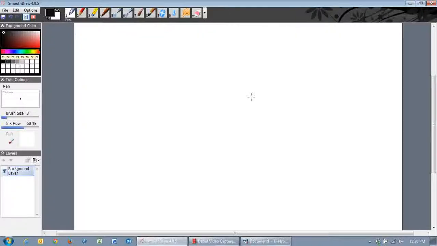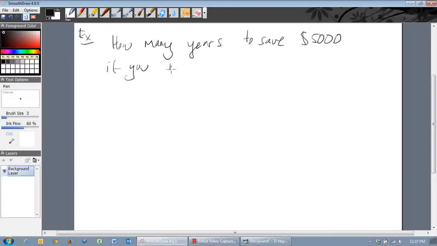One more example I'll do of geometrics, and then we'll do something much more exciting. Example: how many years to save 5,000 if you invest 4,000, same numbers as we did before.